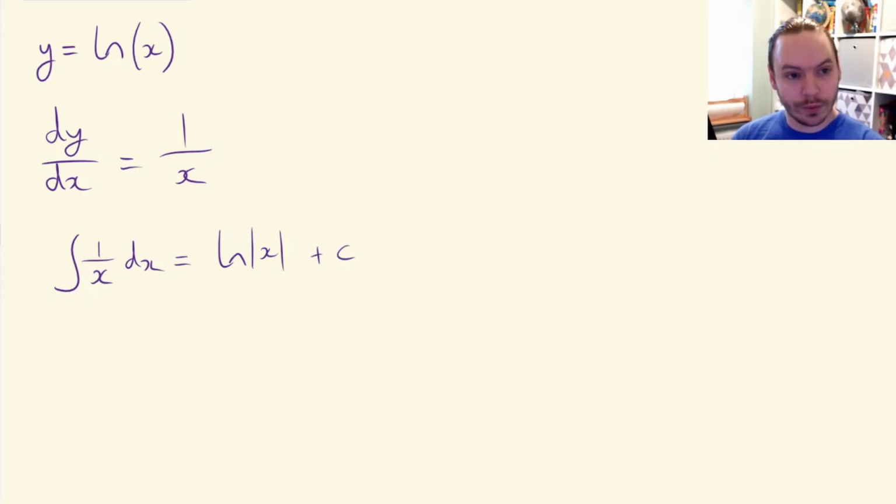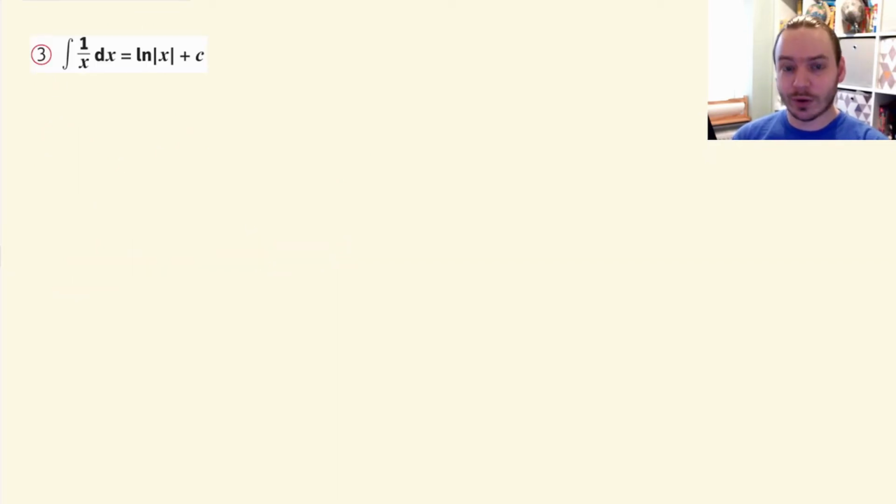Now it is worth noting, right here we use the modulus sign for the integration because 1 over x can absolutely be negative, but I can't put a negative into the natural log function. So we use the modulus function as a standard here when we integrate, just because it removes any potential issues with that. So integrating 1 over x, now absolutely possible.